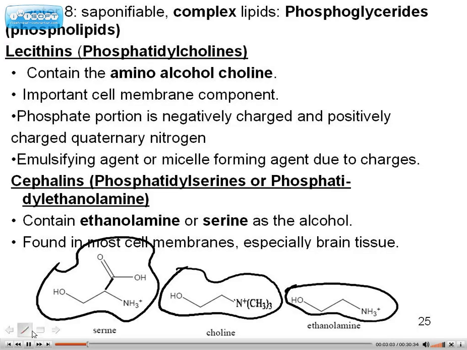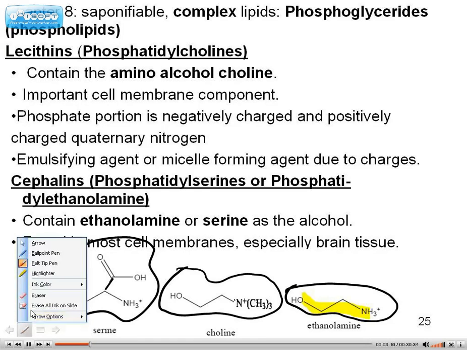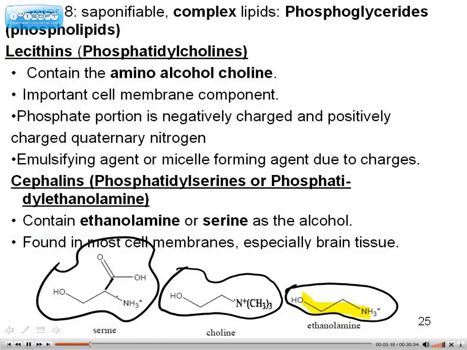So let me go ahead and show you this. I've handpicked these just to try to make memorization a little bit easier. Look over here. This is an ethanolamine. It contains an alcohol on one end, and it contains an ammonia on the other end. And notice there's 2 carbons in between. Compare that to a choline.